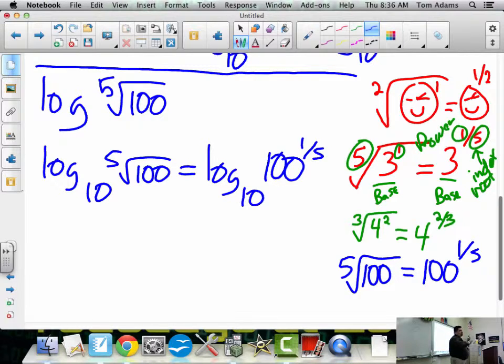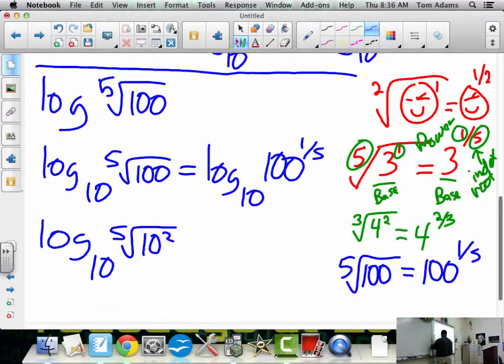I think you're thinking the right thing. I think you used the wrong word, right? We know that 100 is 10 squared, right? So she's saying, well, if you take the square root of 100, you get 10, which is true. And it's true because it's true, but because we have a base of 10, we want it to be represented in some form or fashion of 10. So now what she's thinking, which is right on the money, is that we have the log base 10 of the 5th root of 10 squared.